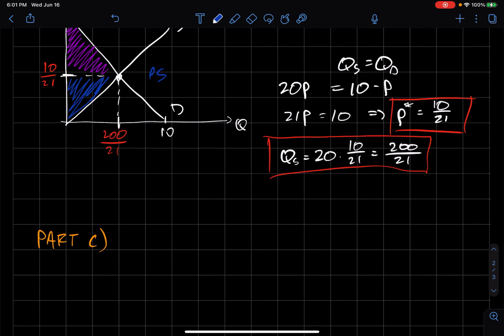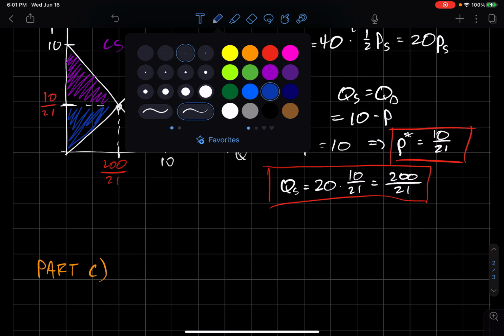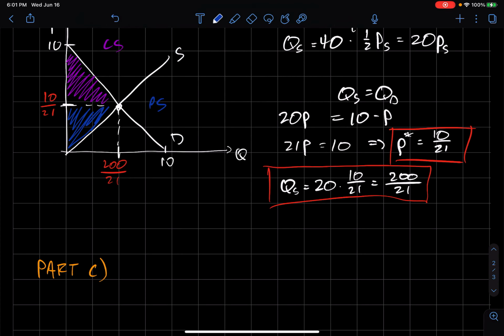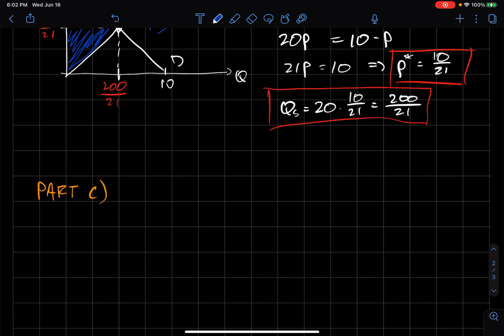So firstly, we want to integrate under the supply curve. Excuse me, under the price, let's just write this out.